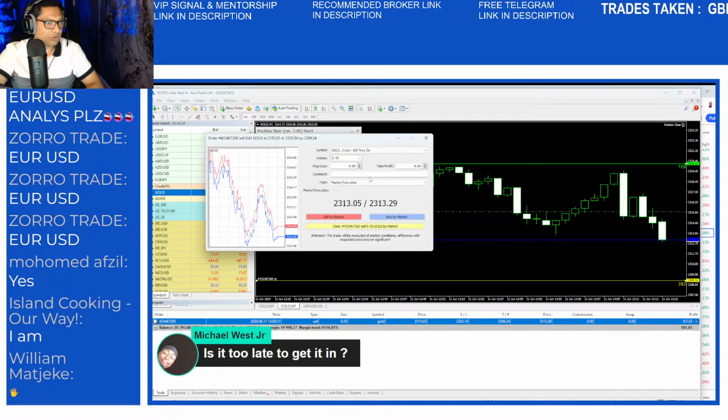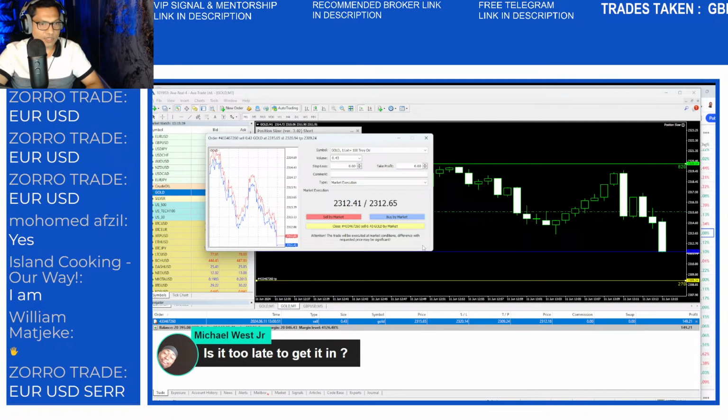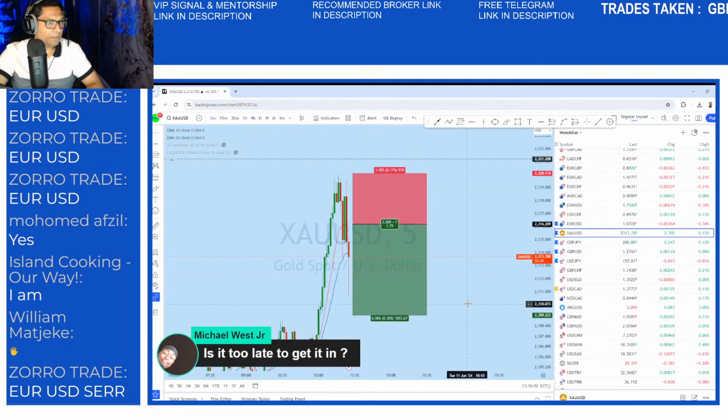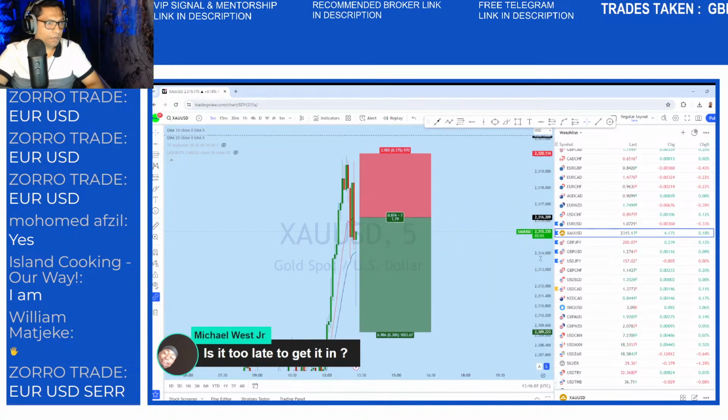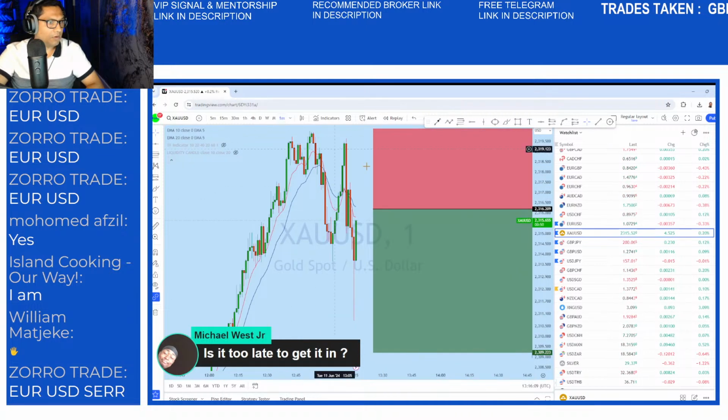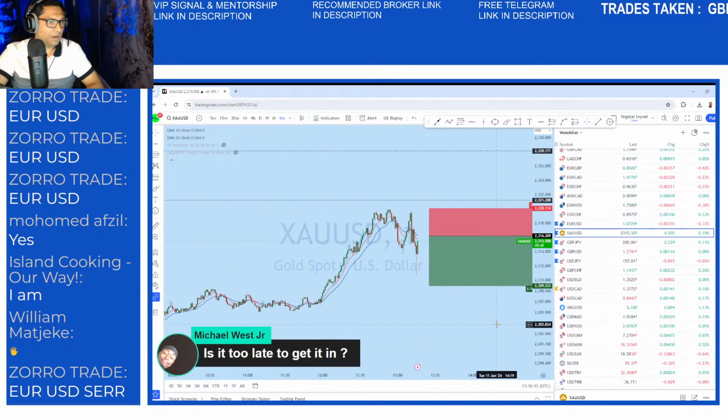Okay guys, so let's also get ready to take if there is anything. Dropping down, hitting almost nearly. Come on, come on. Come on. That's a long wick.